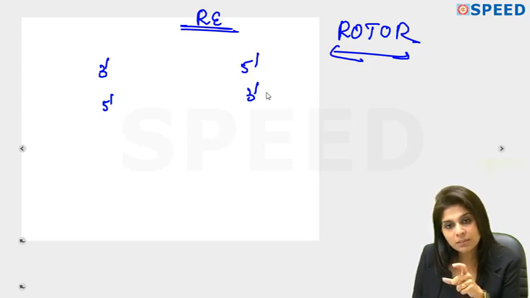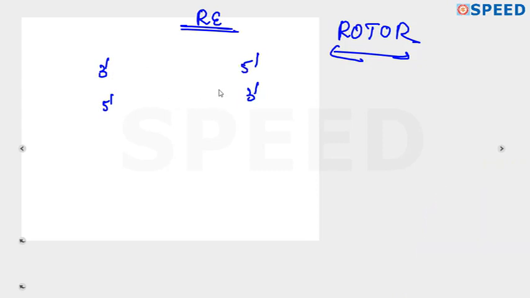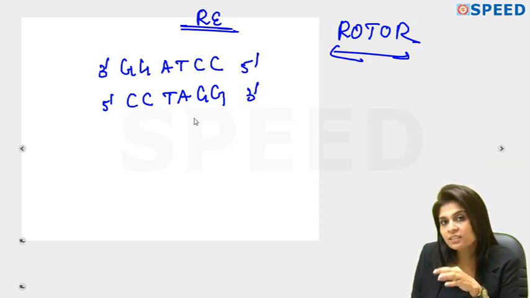For example, if 3' 5' strand sequence is GGATCC, okay, tell me what will be the complementary sequences for this? It is CCTAGG. So don't you see that the 3' 5' strand sequence is nothing but the 5' 3' strand sequence read in the reverse direction. So this is a palindromic sequence.